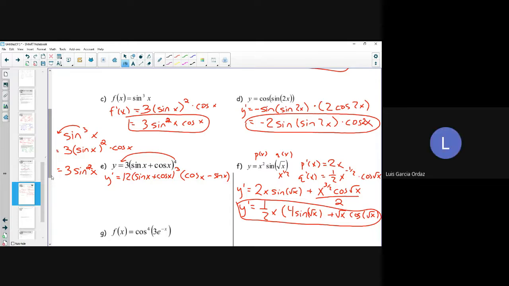With the 1/2, I removed the division, which is why I got 1/2 x. And then in order for me to get 2x sine of root x, I have 4 sine x plus root x remaining, because when I multiply those together, I would get 2x times the sine of the root of x.